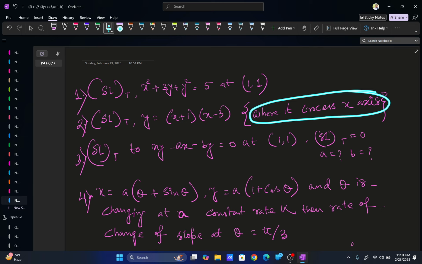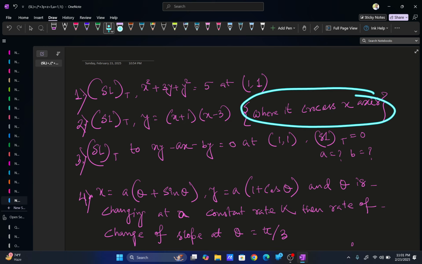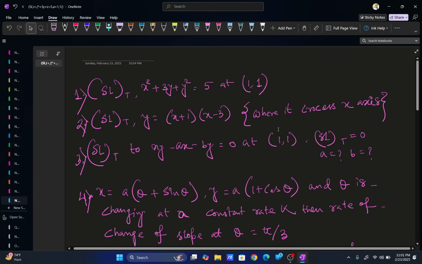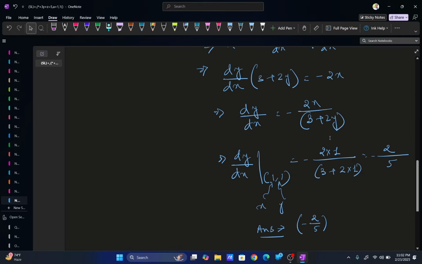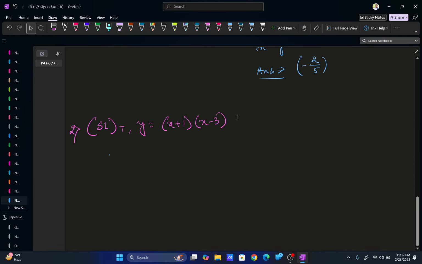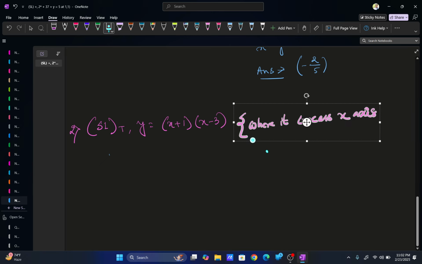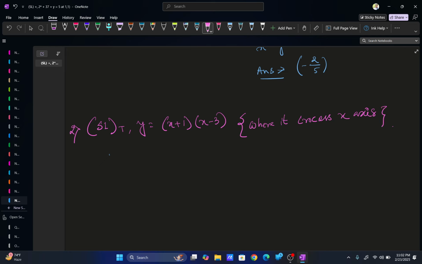We just decode this statement: where it crosses the x-axis. What is the meaning of this?